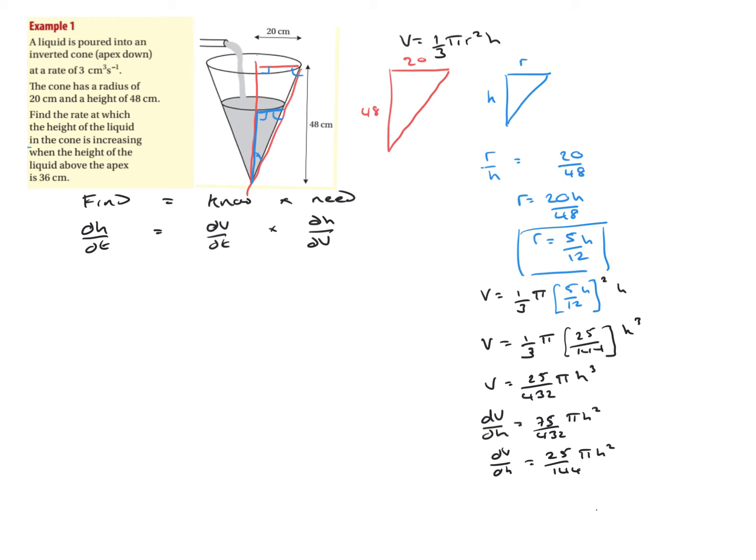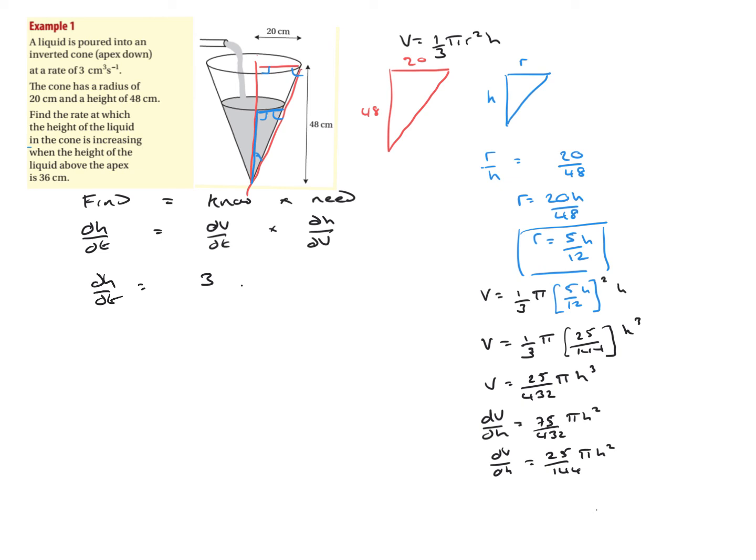Now, that means we have dV/dh, but we actually want dh/dV, which means we are going to have to invert this. So when we put it in here, what we end up with is our find, which is dh/dt equal to dV/dt, that's the one that we know, and that is 3, multiplied by dh/dV.